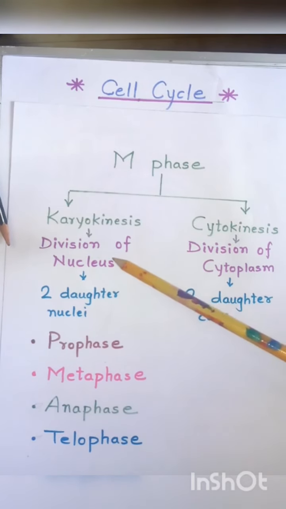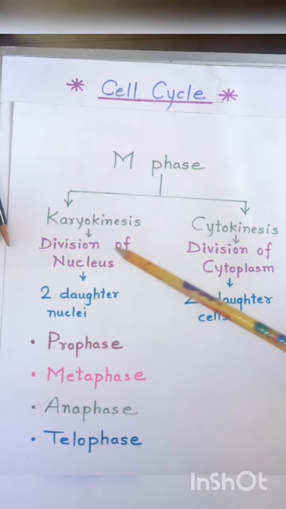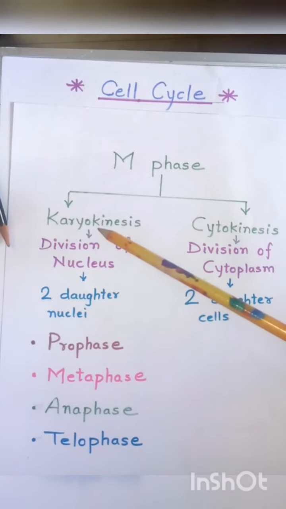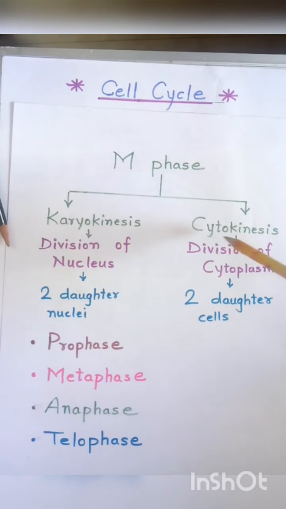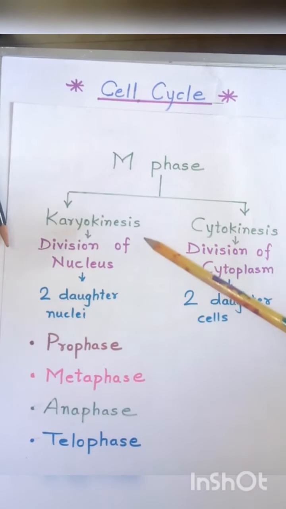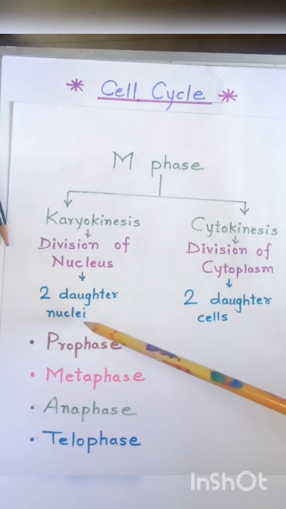So in short, division of nucleus is called karyokinesis, and division of cytoplasm is called cytokinesis. At the end of karyokinesis, two daughter nuclei are formed.